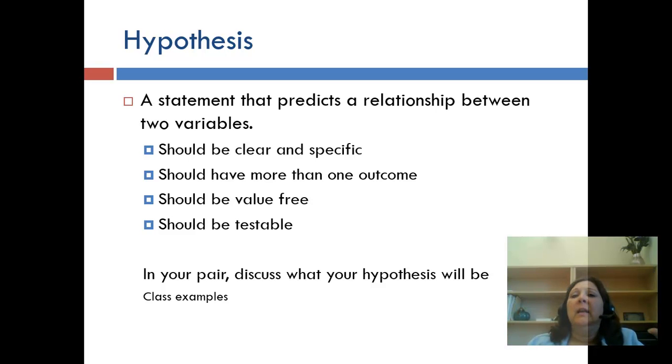So I said that education of foster families affects placement stability. And I also gave it a direction. I said foster families with more education have more placement stability. So I gave it a direction. I could have said foster families with more education have less placement stability, but I didn't think that was possible. So that wasn't my hypothesis. And that's the end of that slide.